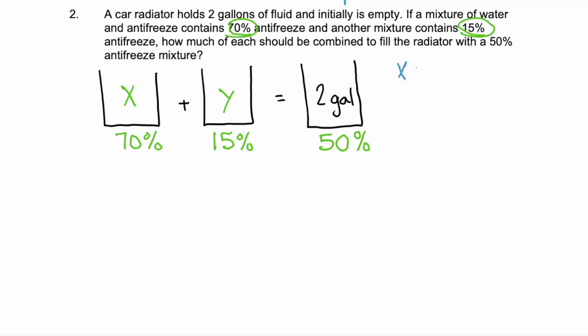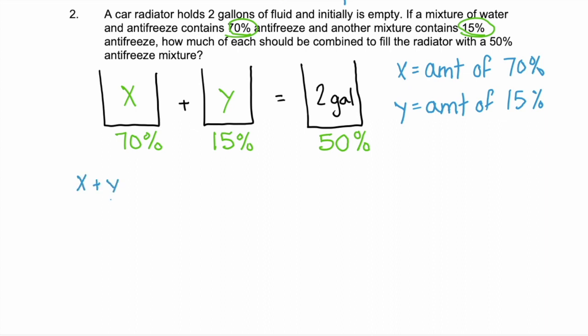So X equals the amount of 70% and Y equals the amount of 15%. So when we add X and Y, those two together have to total 2 gallons because we need a total mixture of 2 gallons. So our first equation is X plus Y equals 2.